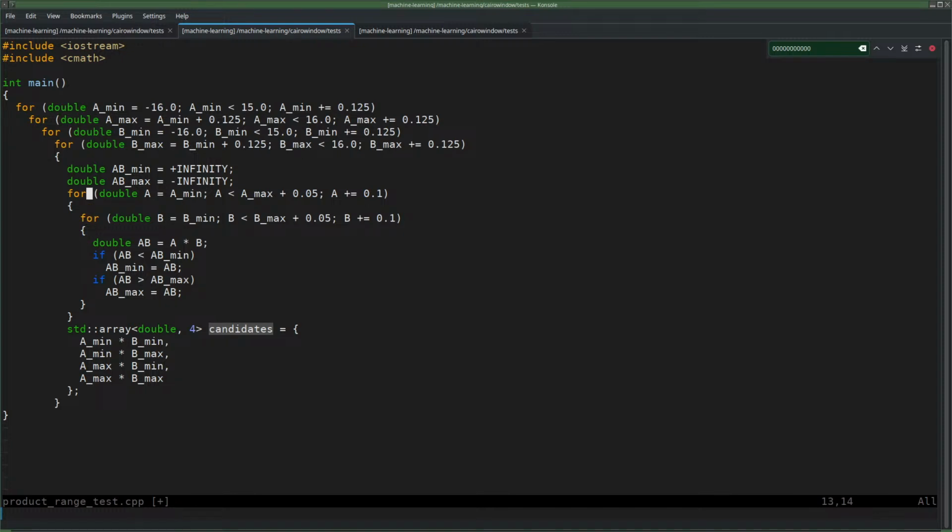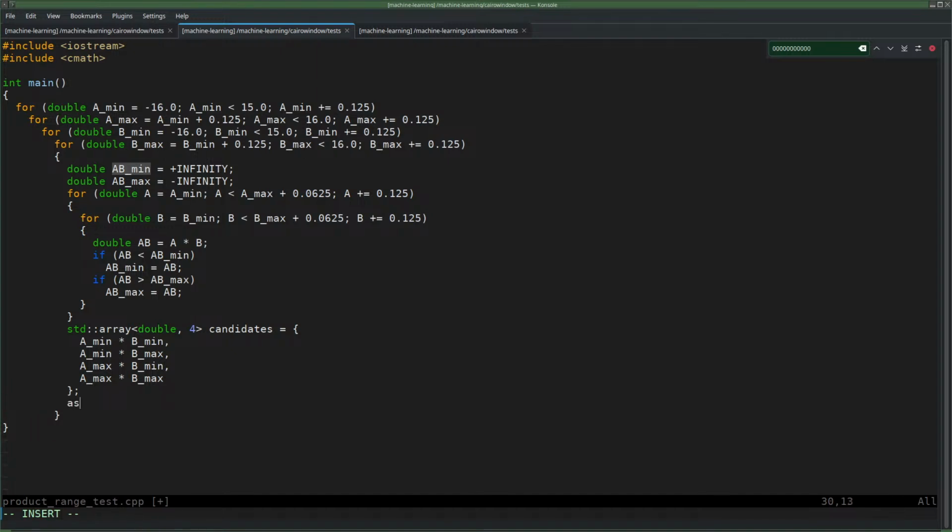Pretty sure about that. Well, since everything is exact now, we should be able to assert that both a min and a max are equal to one of these four.